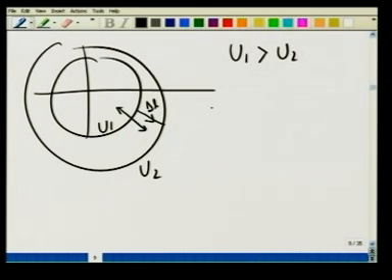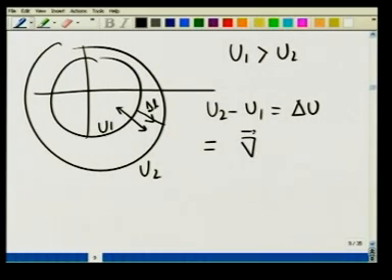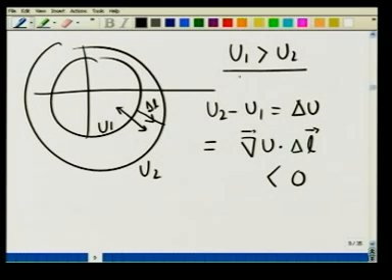Then I know that u2 minus u1, which is change in u, is going to be equal to gradient of u dot delta L, and this should be less than 0 because I have already taken u1 is greater than u2.